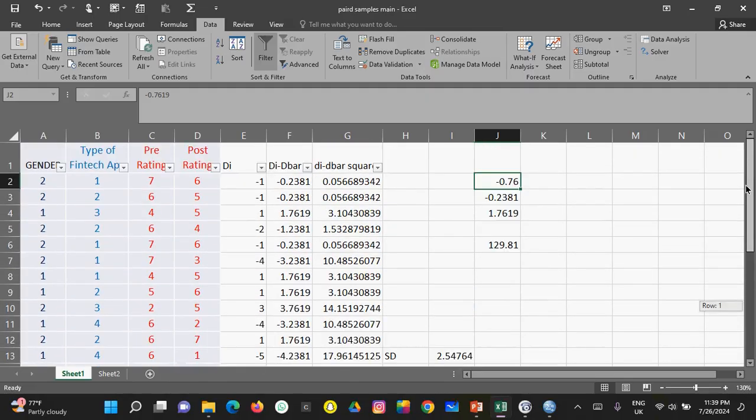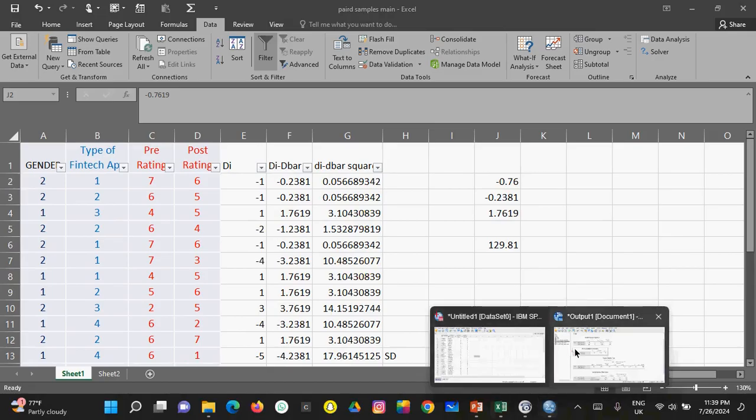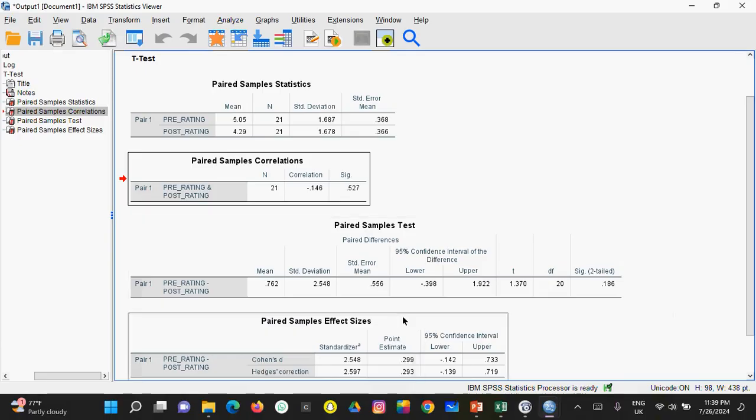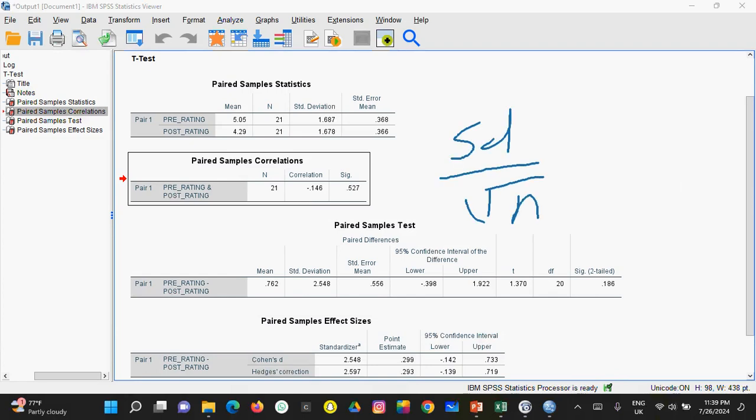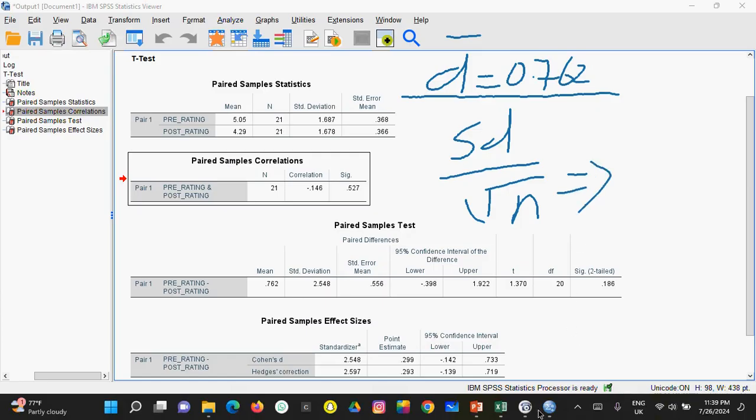And then the standard error, we've spoken about it, the standard error is equal to SD all over root of n. We said this already. That's the standard error, right? And then the D bar, remember we had D bar to be equal to 0.762, right?